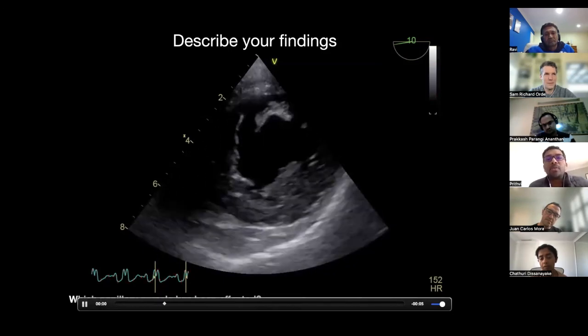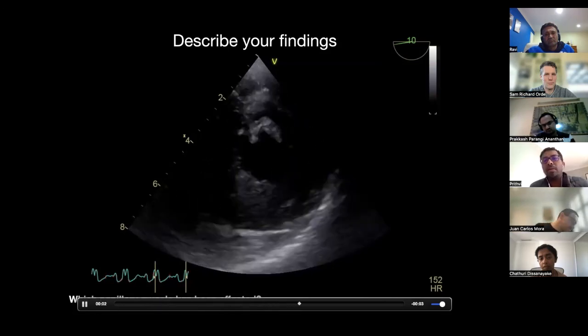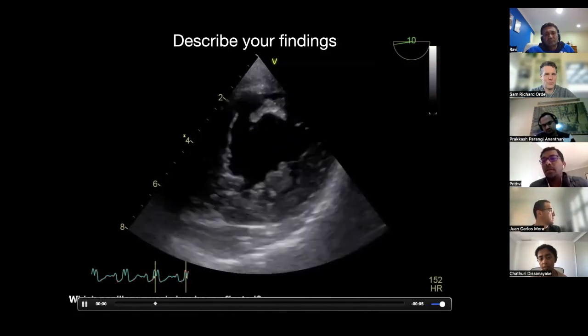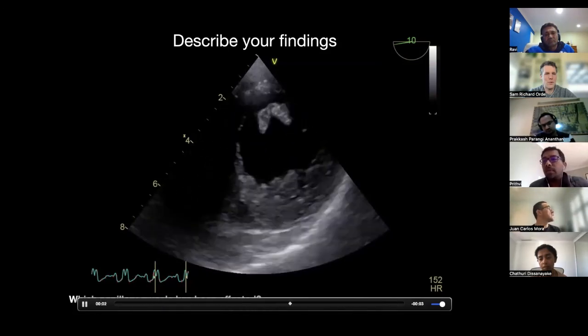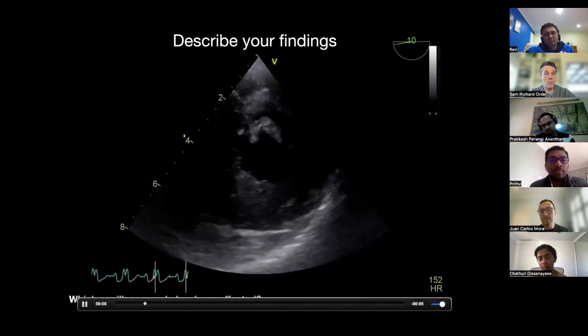The septum also is quite thinned compared to the others, which would also be in keeping with a possible LAD territory infarct.